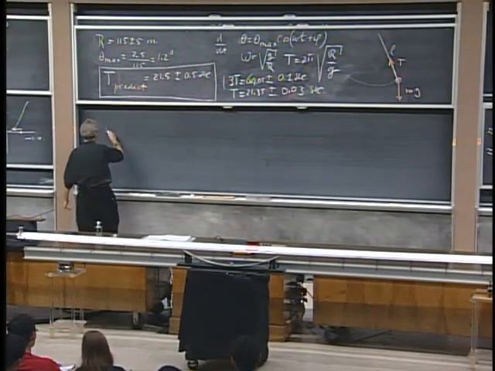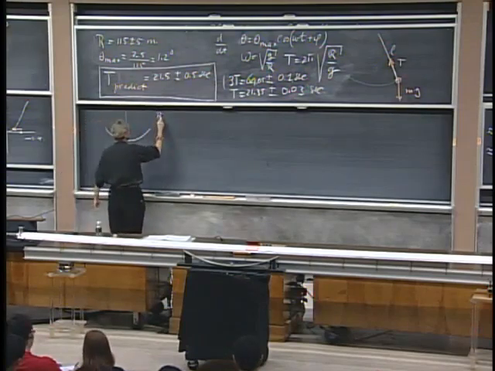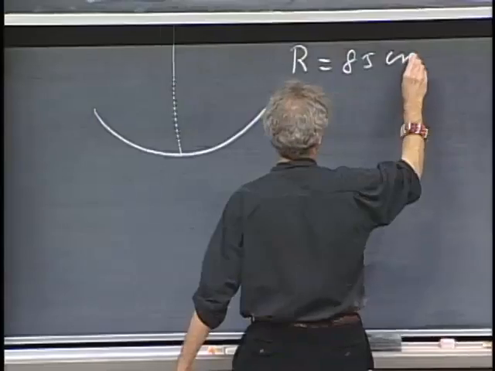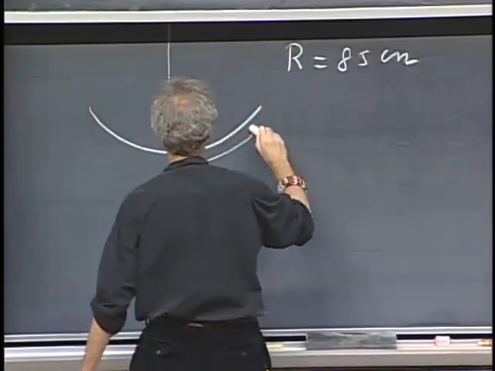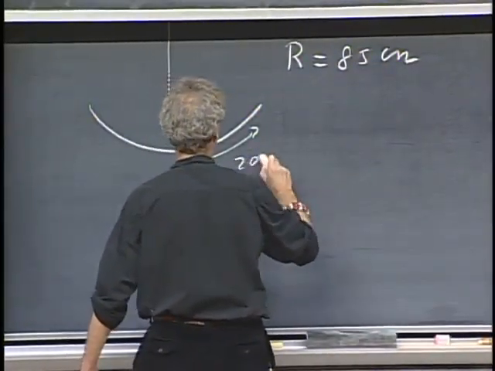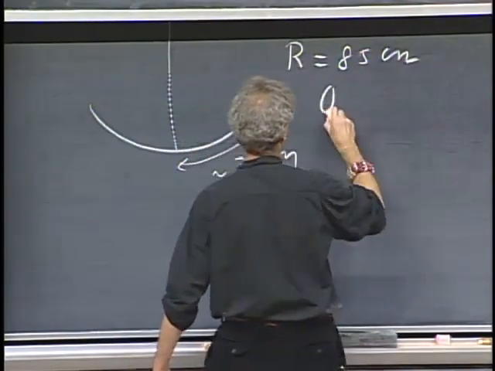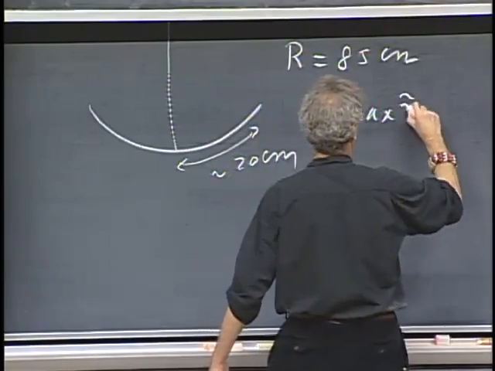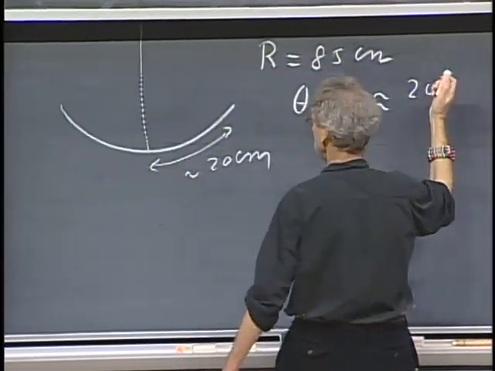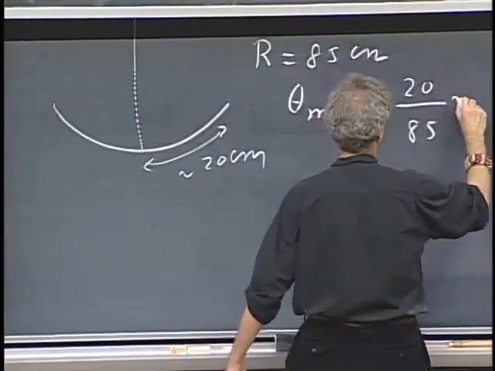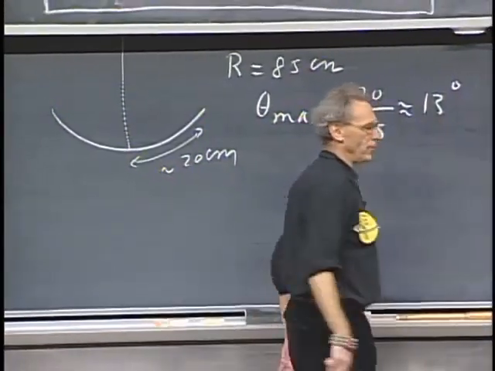So we have now a situation like this. R equals 85 centimeters, and this here is approximately 20 centimeters, so theta maximum is roughly 20 divided by 85, and that is something like 13 degrees.